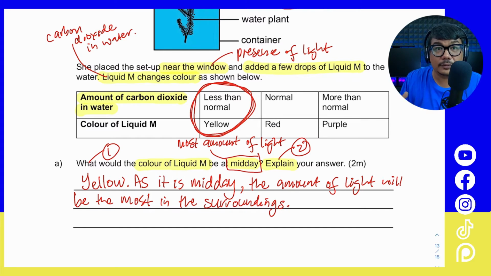And what does this mean? So now this is where we are going to put in our science concept. Alright, so you have done your choice, you have given your evidence, and now your reasoning. Why? What is so important about the amount of light being the highest at midday?